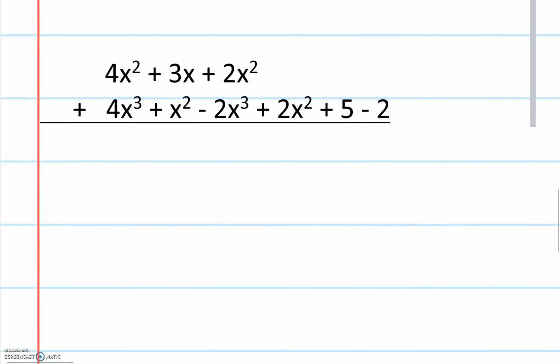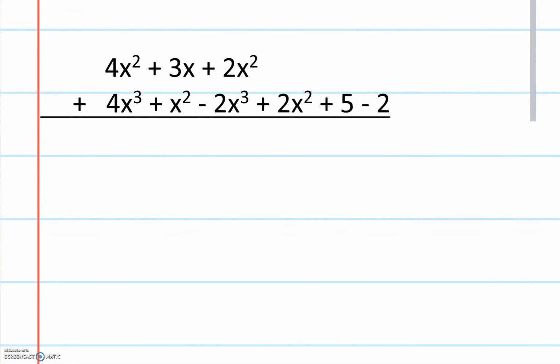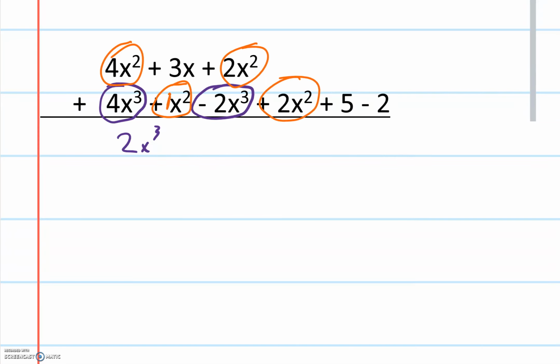All right, and our last question. Remember, pause this before I do it. All right, first step, just like every other one, looking at the highest degree first. Highest degree, highest degree. There's no more like that. So 4 minus 2 equals 2x cubed. Okay, next we have the degree 2, degree 2, degree 2, degree 2, and this has a little invisible 1.